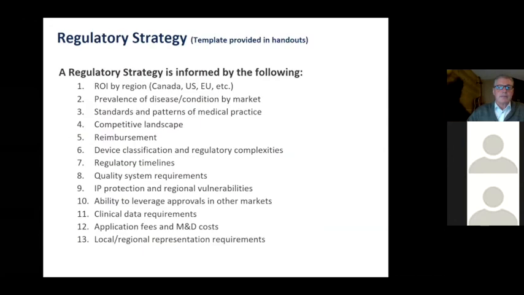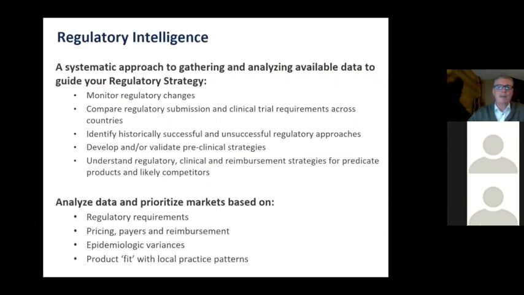I've already talked about this, and we've gone through what's in a regulatory strategy, but just to point out, all of this information is also included in a handout. So it's a template that you can use to help you build your regulatory strategy. In order to build your regulatory strategy, you're going to want to perform some regulatory intelligence, which is really that systematic approach to gathering and analyzing the available data that will guide your strategy.